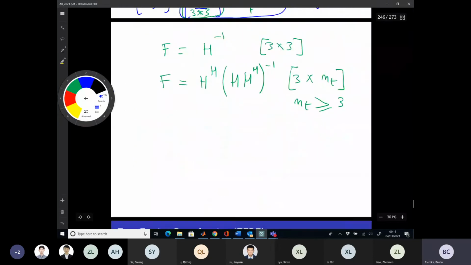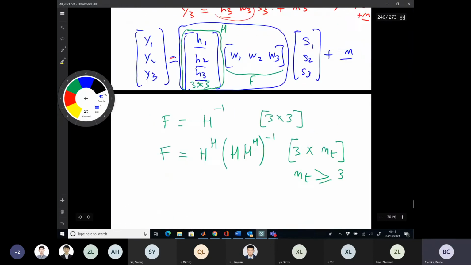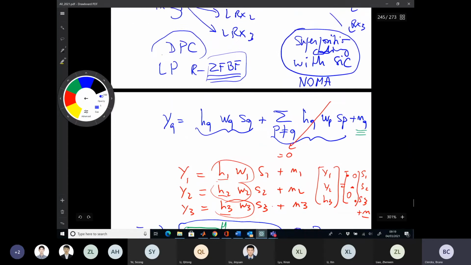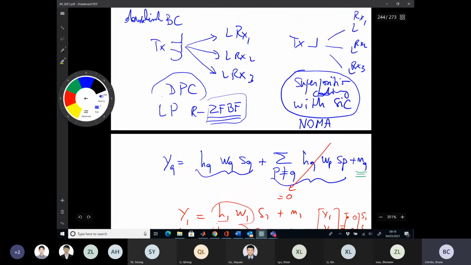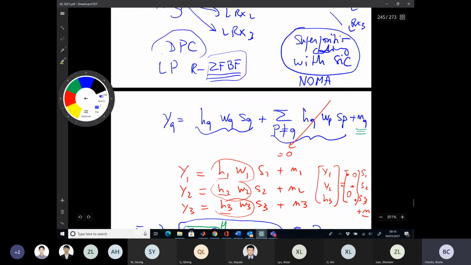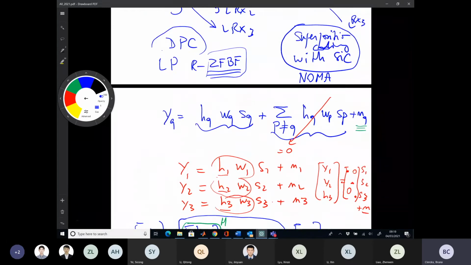Right. So good. So what happens if you do that? Here, in this scenario, I have 3 transmit antennas and I have 3 users. And I was able to get rid of this multi-user interference. So now I have 3 observations that see no interference, right?